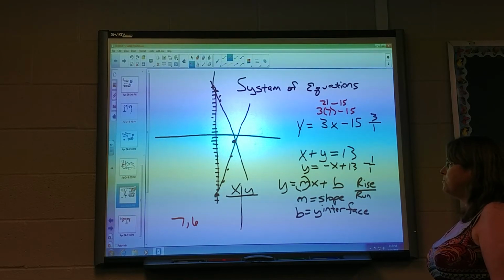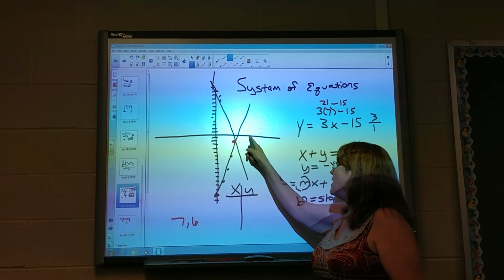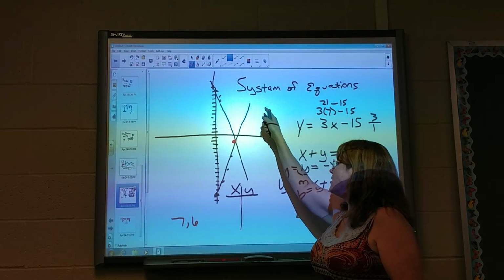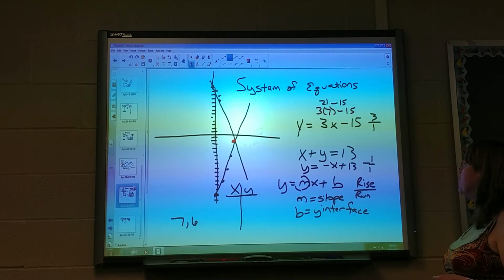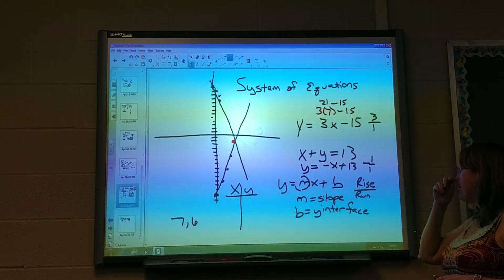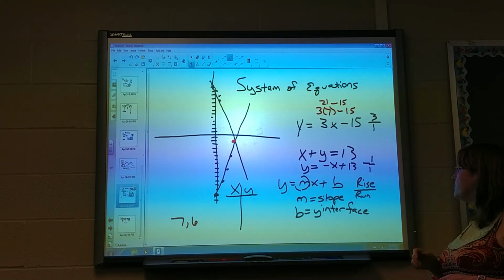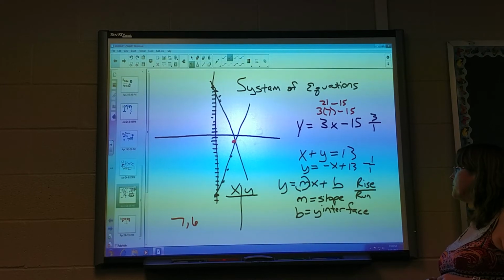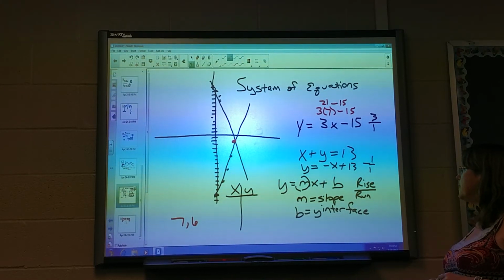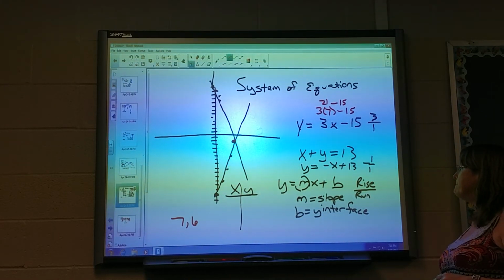So 7, 6 is our answer of where they should have crossed. And I don't think that's where they crossed, because if you go over 7 and up 6, they don't cross there. So either my picture is really wrong, or let's figure out what didn't work. No, I still get 6 when I do that. I still get 7 when I do that.